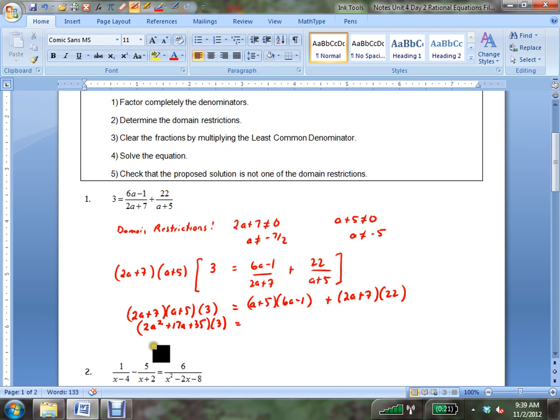So now I'll multiply by the 3 and I get 6a squared plus 51a plus 105 equals 6a squared minus a plus 30a is plus 29a minus 5. And then last, I just need to distribute the 22, so that's 44a plus 154.